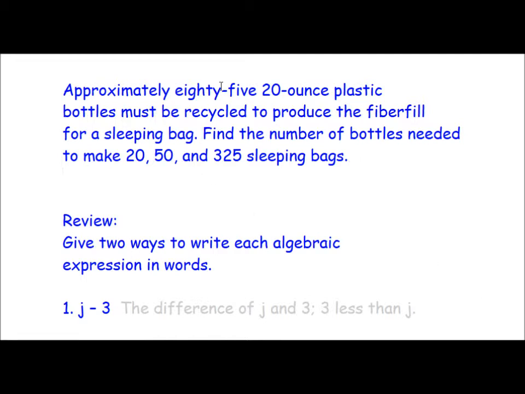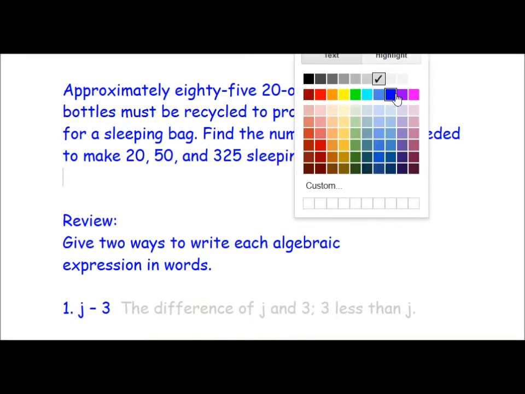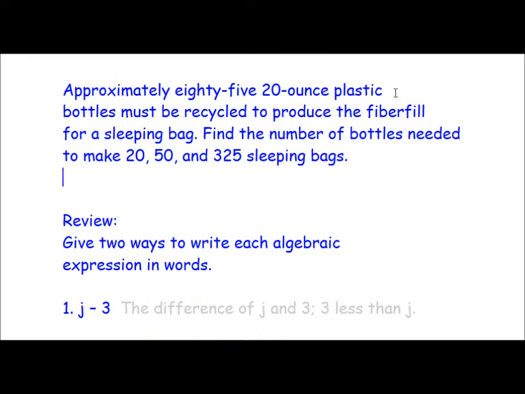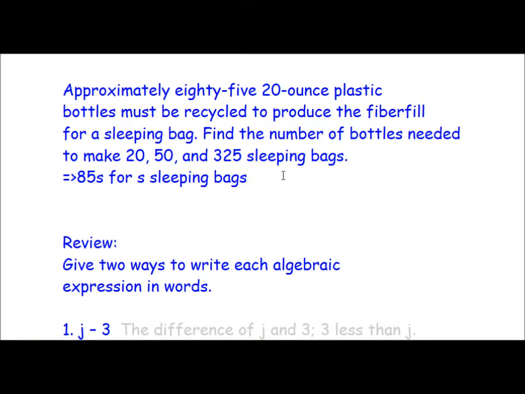We calculated before that the expression is 85S for S sleeping bags, where now we need to calculate for 20, 50 and 325 bags. So just substitute S with 20, 50 or 325.